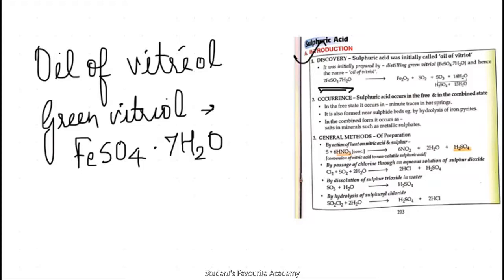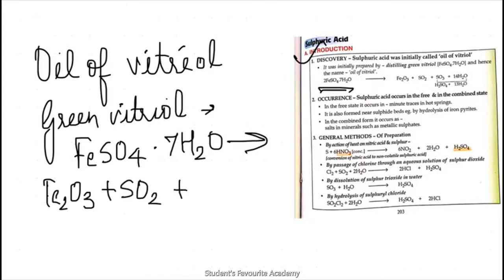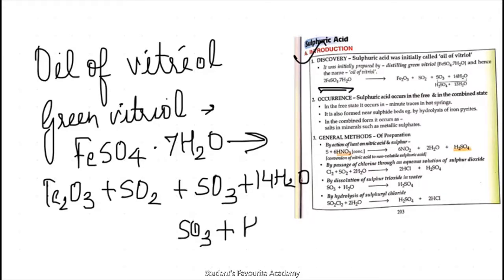So initially we found what? The things that were found upon the reaction were Fe2O3, when this was distilled, and then we had SO2. Further we had SO3 and 14H2O. So what happened, children? This was what I was getting upon heating this, and among this, I took SO3, and from here I took 1H2O.